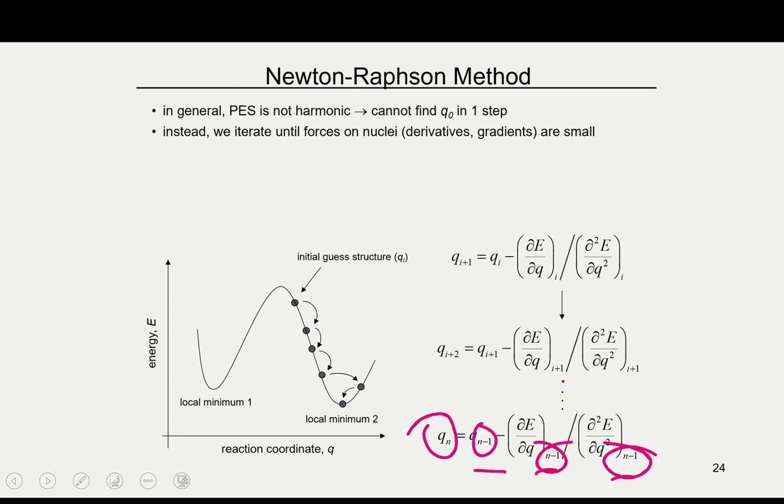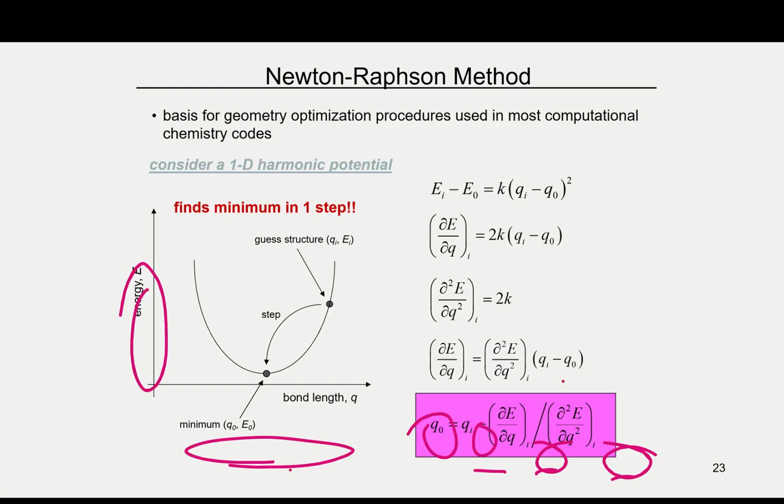So you can see in here that on one side there is a reaction coordinate q, and on the other there is energy. But when we take 1D, the energy is here, but we have just one coordinate, and that is bond length.